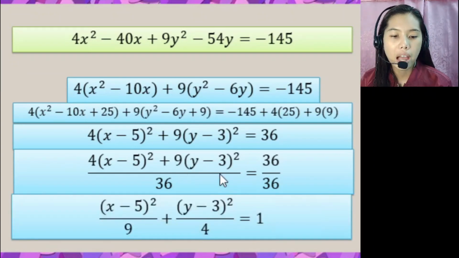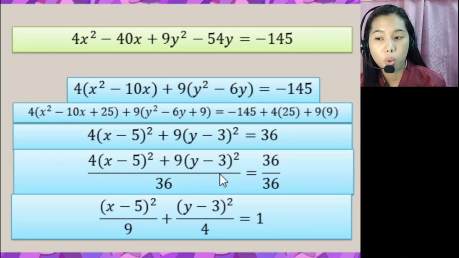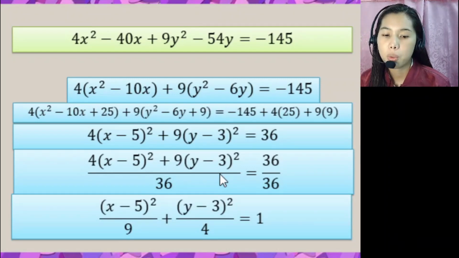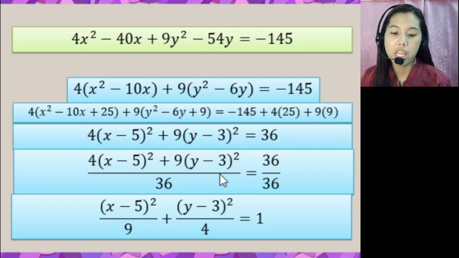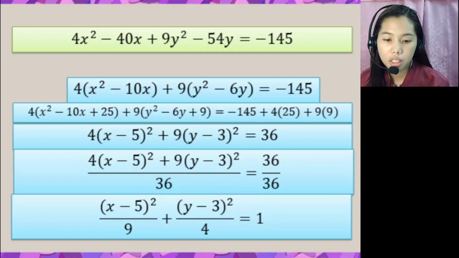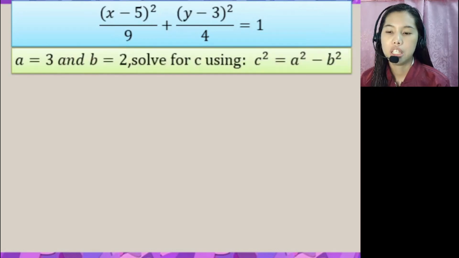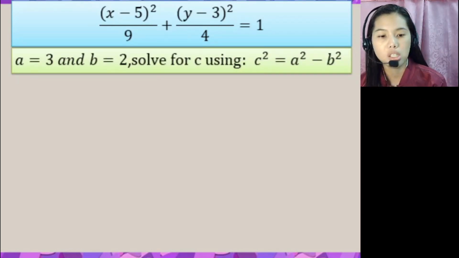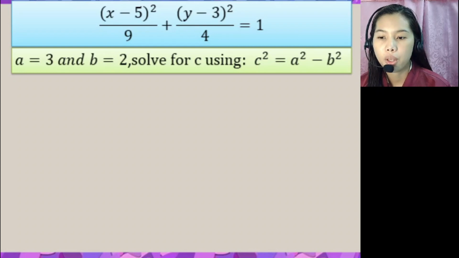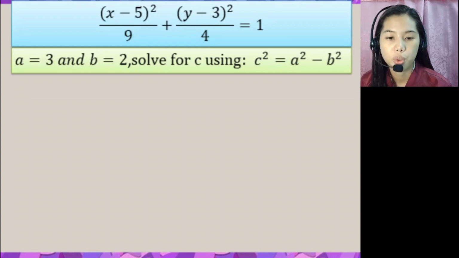So now you will have quantity x minus 5 squared all over 9 plus quantity y minus 3 squared all over 4 equals 1. Now in this case, we can determine your a, your b, and your c. So in this scenario, your a is equal to the square root of 9, which is 3, and your b is equal to the square root of 4, which is 2. So still, we're going to solve for c.